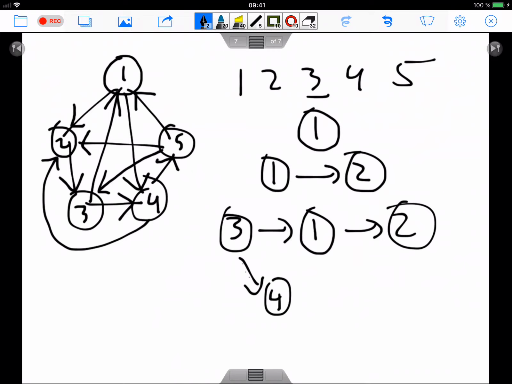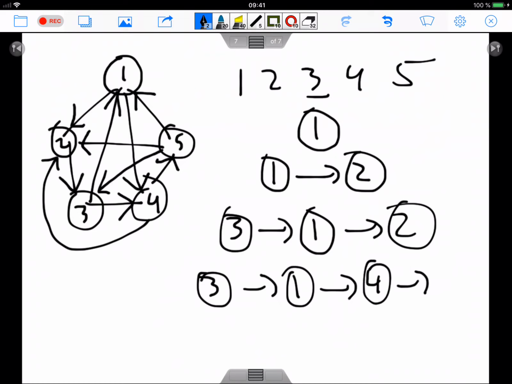Okay, but the arrow does not go from 4 to 1, so we cannot do that. We now try to insert the vertex between 1 and 2. And since we have an arrow that goes from 4 to 2, we can do that. So in this case, the next step is to have this path that goes from 3 to 1 to 4 and then to 2.